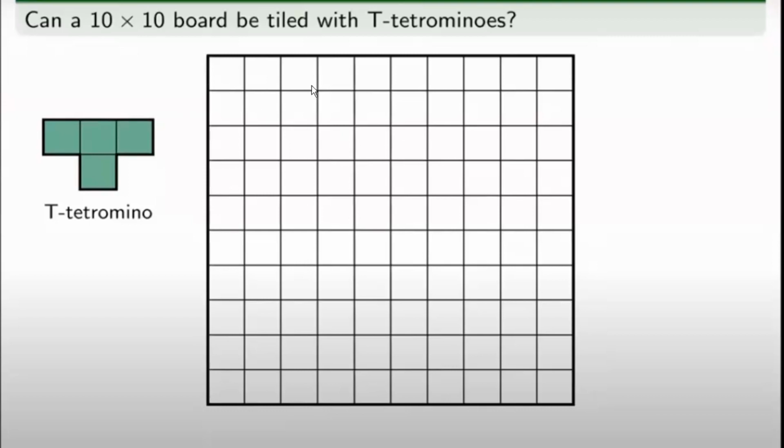So you could consider coloring this like a chessboard, and then think about the kinds of tetrominoes you would have based on which squares they cover. Does that help?